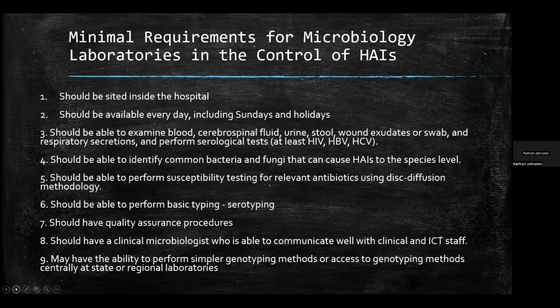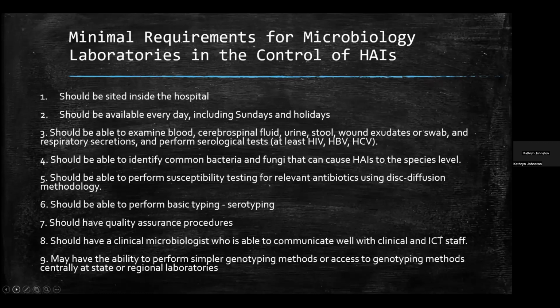They should be able to examine blood, CSF, cerebrospinal fluid, urine, stool, wound exudates or swabs, and respiratory secretions. They should be able to identify common bacteria and fungi that cause HAIs at least to the species level.